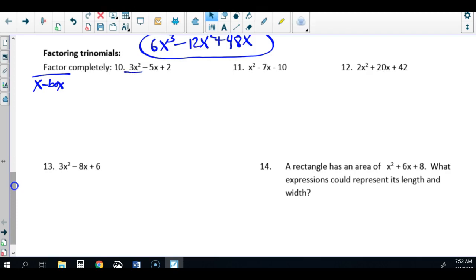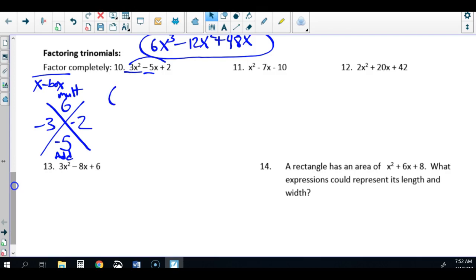Starting out with a 3x squared, which is the hard type. So, 3 times 2 goes up top, negative 5 down bottom. We need to think of the two numbers that multiply to be 6 and add to negative 5, which is a negative 3 times negative 2.